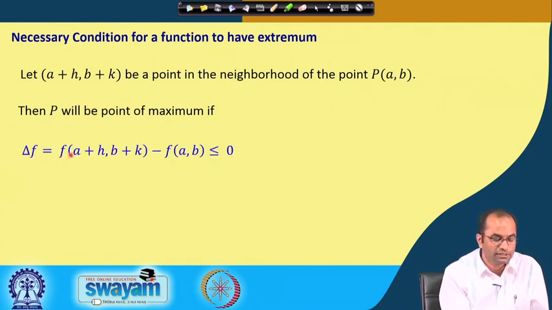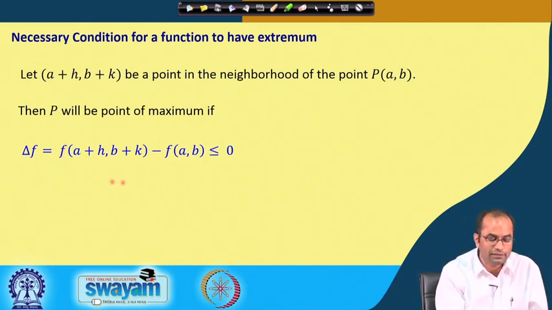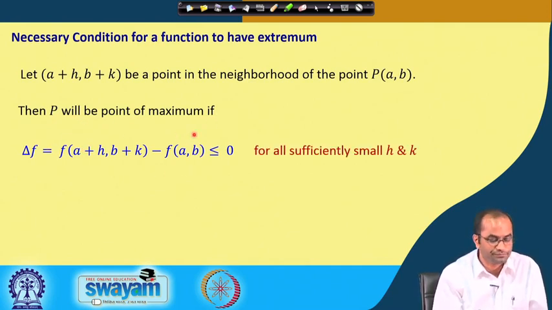For example, if we define this difference Δf as f(a+h, b+k), the point in the neighborhood, minus f(a, b): if it is a point of local maximum, then f(a, b) will be the larger value than the values in the neighborhood of this function. So, this value will be less than or equal to 0 if this is a point of maximum for all sufficiently small h and k, whatever h and k we take in the neighborhood of the point (a, b).